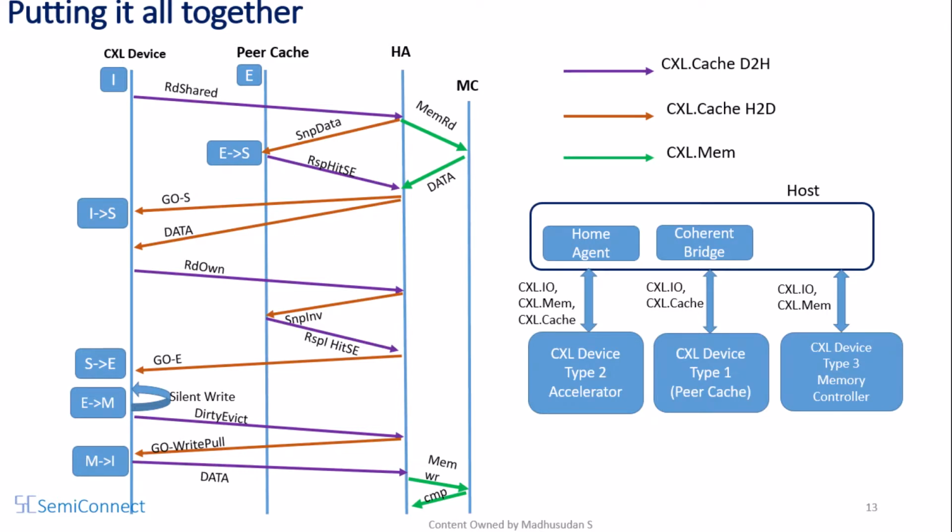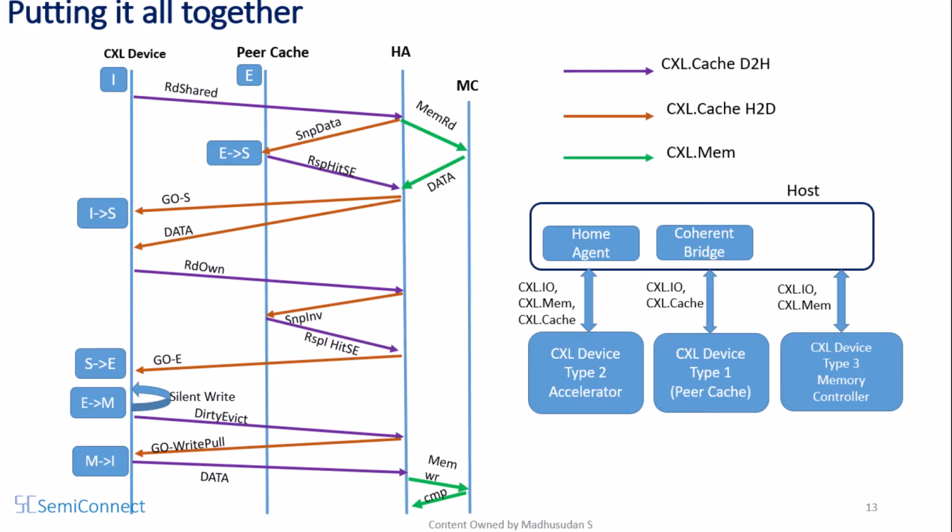And upon getting the data, the home agent sends the memory write request to the memory controller and writes the data into the memory and gets the completion in turn, right, from the memory controller. So this is what happens when you put all these various CXL.cache and CXL.mem transactions together.